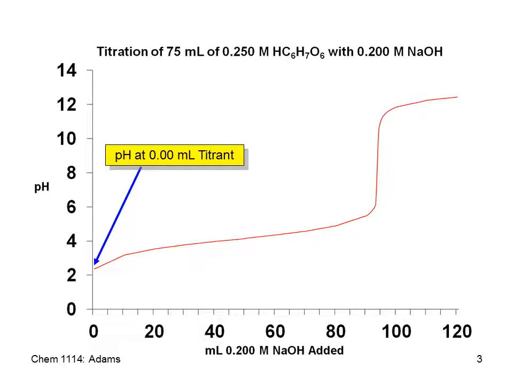And I've marked this on the curve. There's a picture of the curve also in your laboratory manual. So we want to know the pH at the point where no sodium hydroxide has been added.